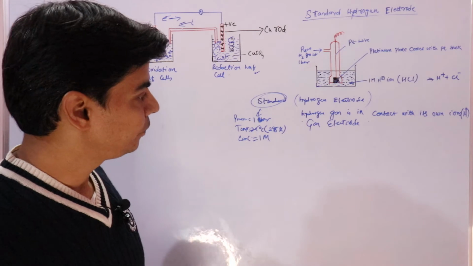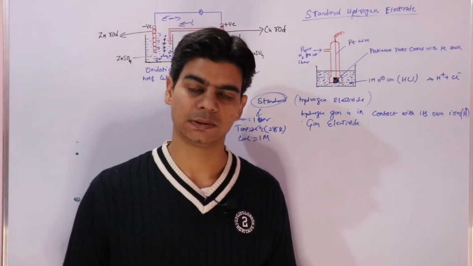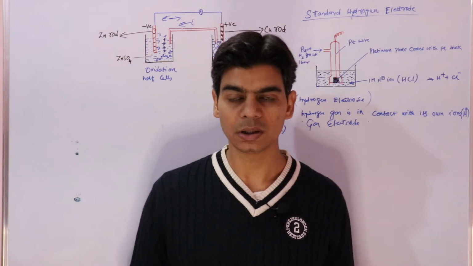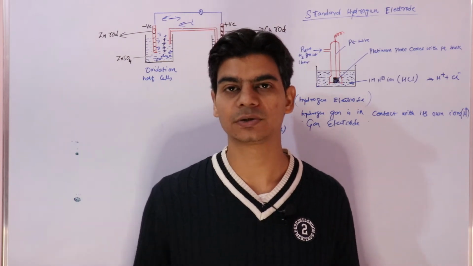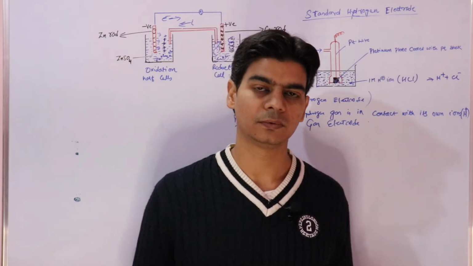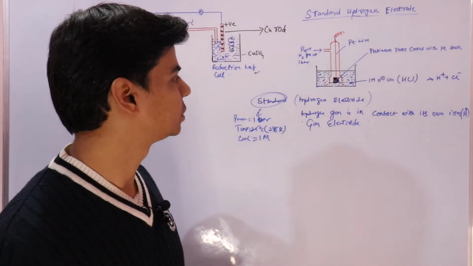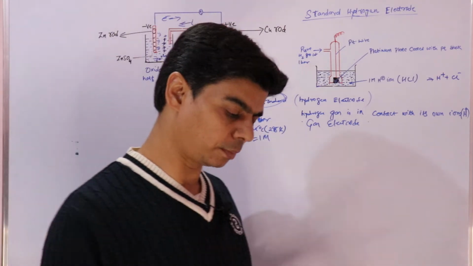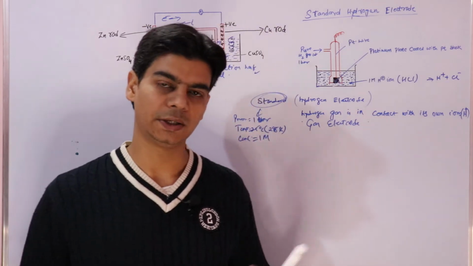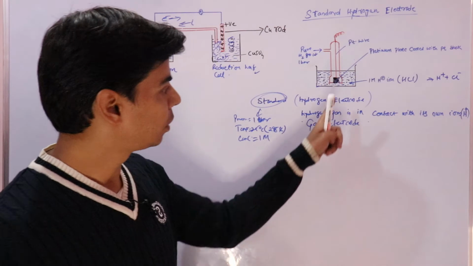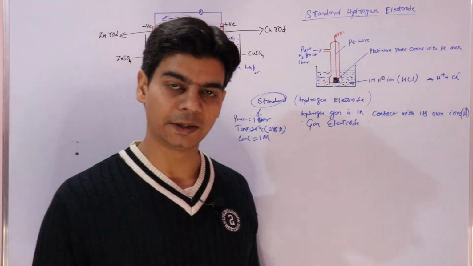If you remember, we have studied in previous classes in the chapter on hydrogen that hydrogen has a property to get adsorbed on the surface of metals like platinum and palladium, and this property is also called occlusion of hydrogen. So we have made use of this property, due to which hydrogen gets adsorbed on the surface of the platinum metal.